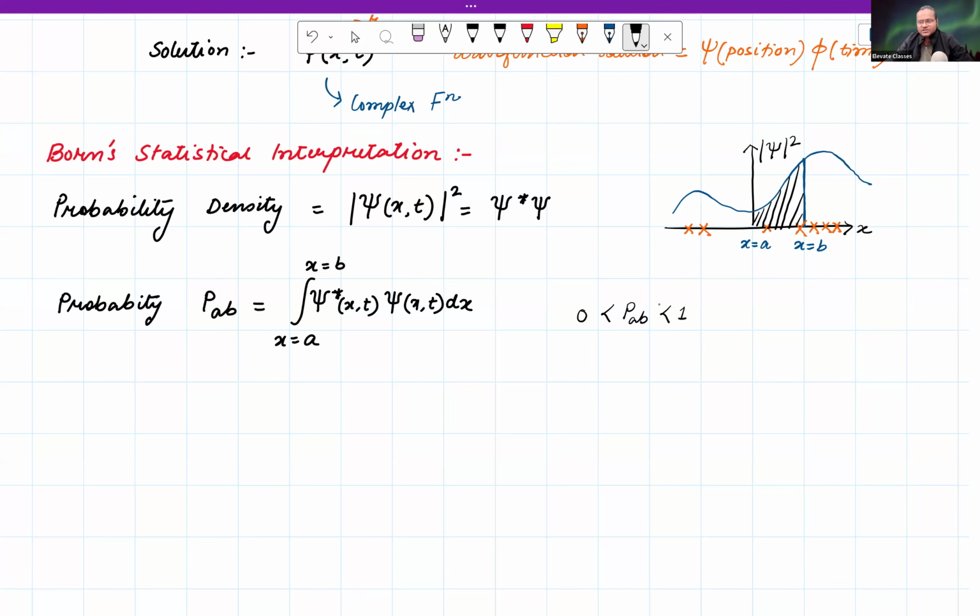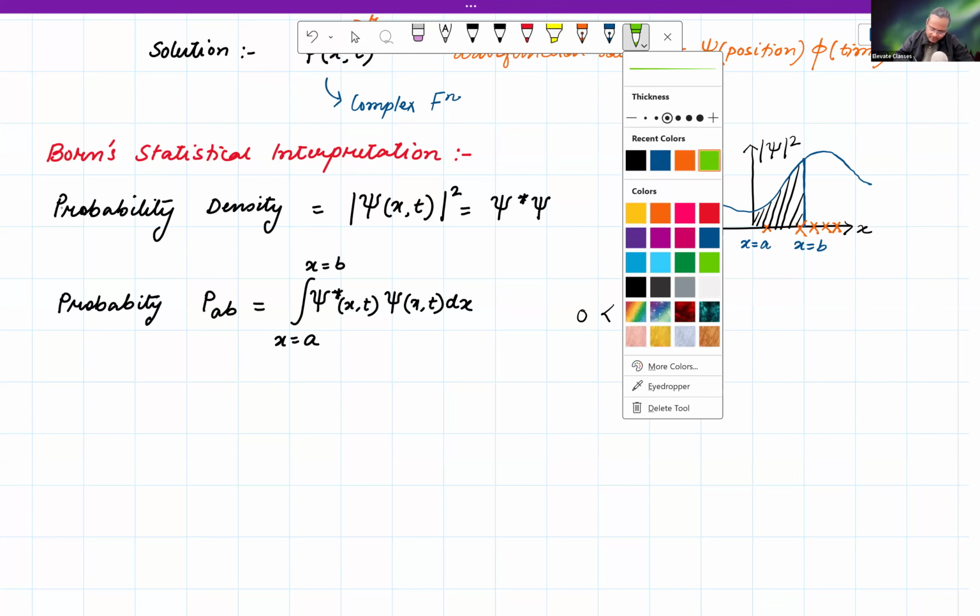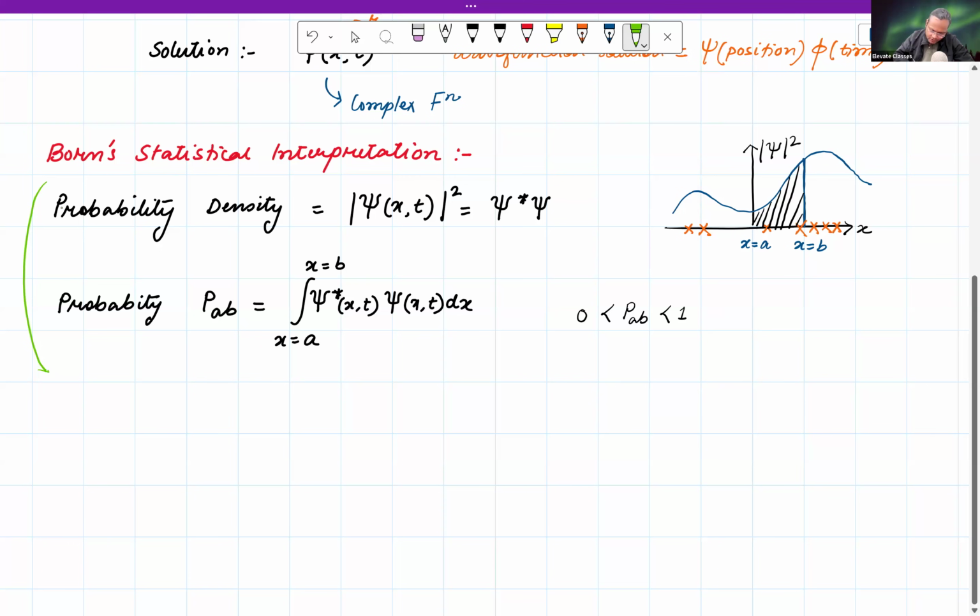So the moment Born statistical interpretation comes into the picture, we have something that is purely an external condition that we need to impose on the quantum mechanical system. And this is basically normalization. Whenever we deal with quantum mechanical solutions, they have to be normalized.